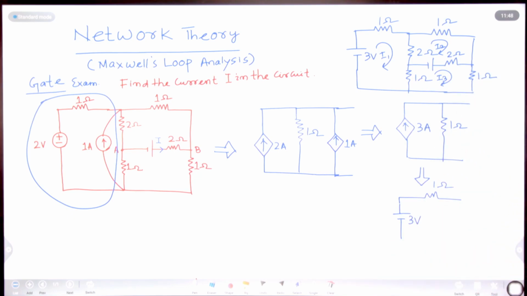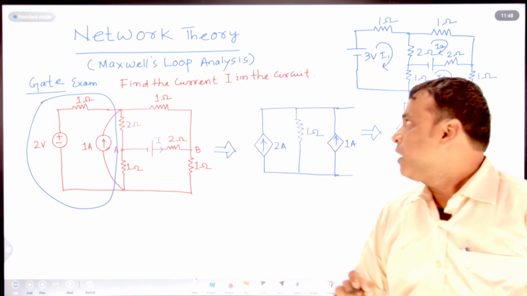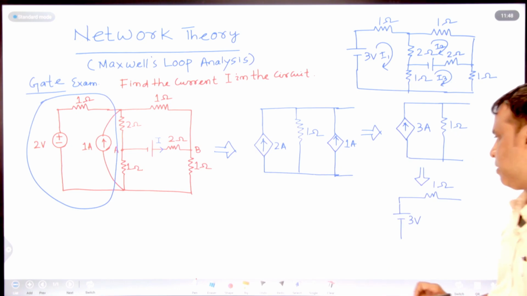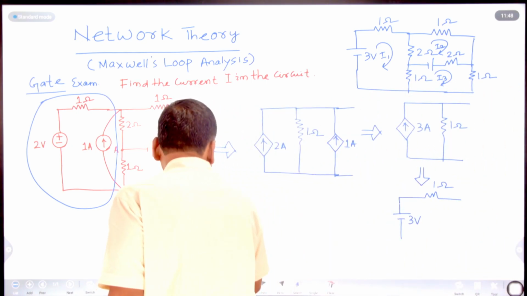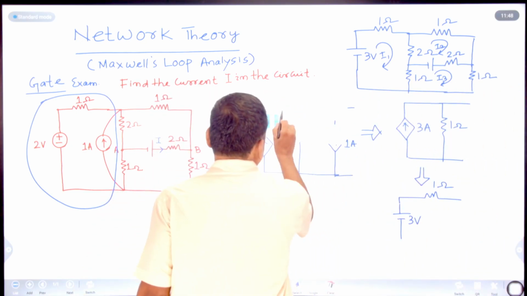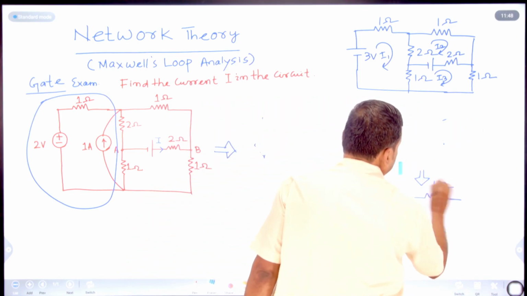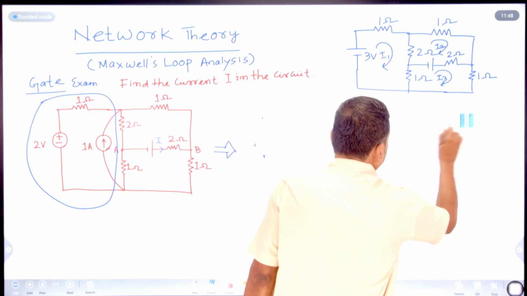Again we apply Maxwell's loop analysis. If there are 3 loops, then resistance matrix into current matrix equals voltage matrix. So what will we do next? From this circuit we will find the currents I1, I2 and I3.